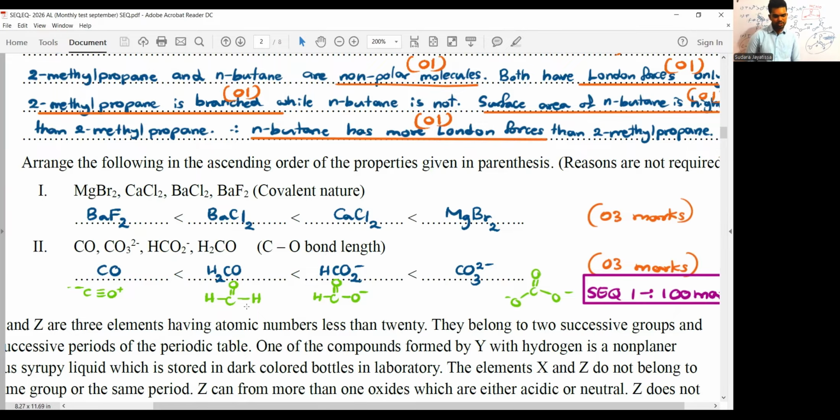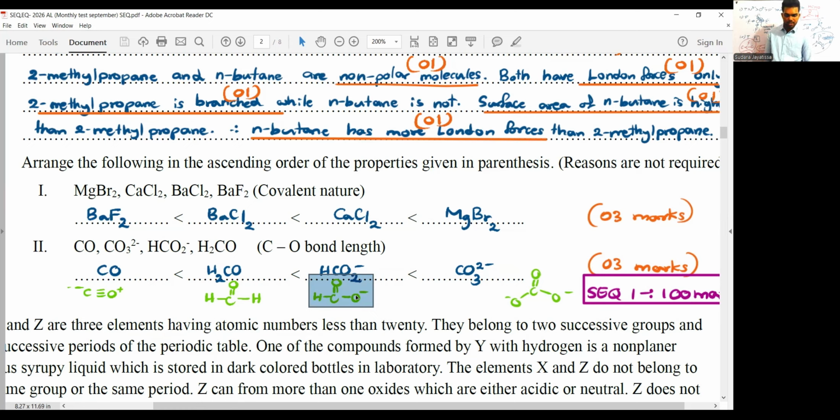Right, and for the HCO2 minus, the second molecule, you will have one resonance structure. So the actual structure is a hybrid of these two resonance structures, and you can find the bond length will be in between single and double bond length.